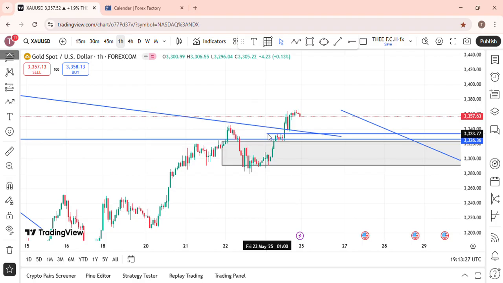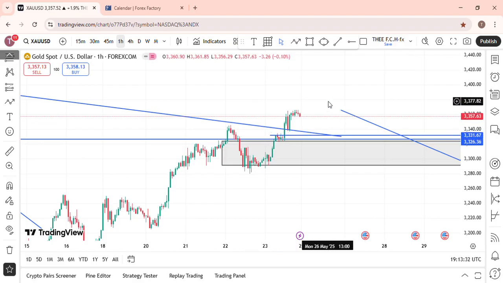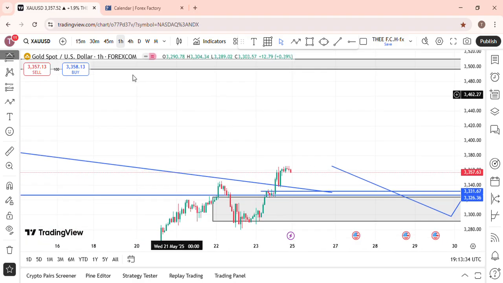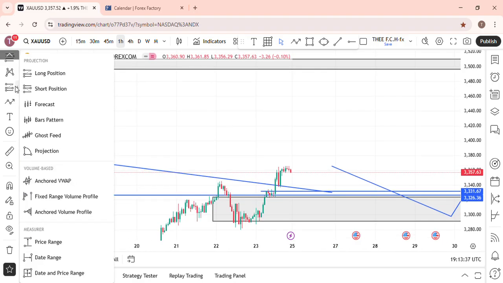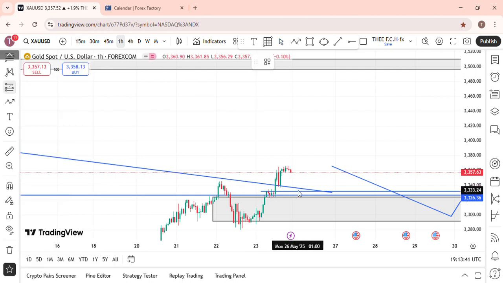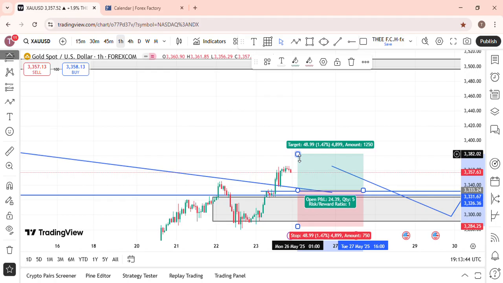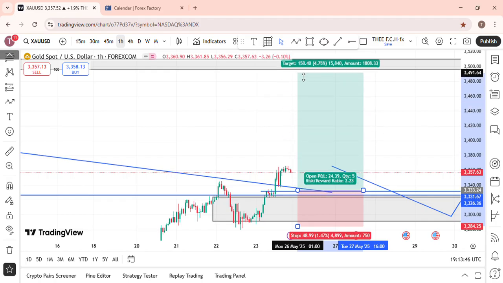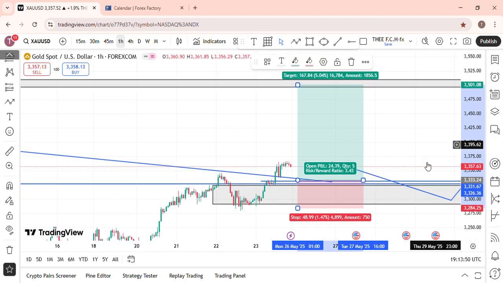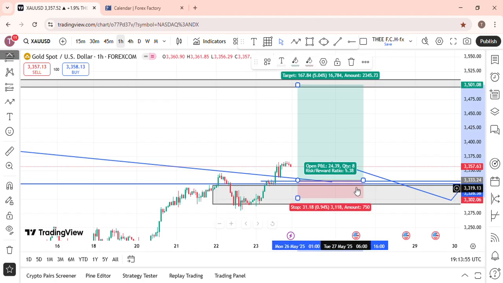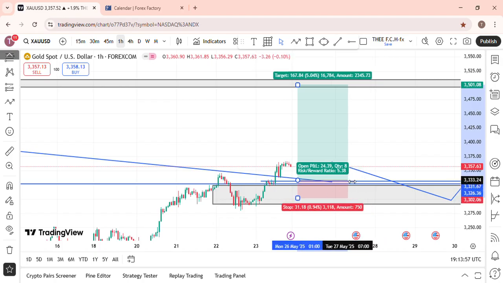Get our good entries, and also coming down to 1 hour, I can get a good entry for that. So let's just take our trades once the market comes to our points of interest. That is going to play out well. You will be smiling, my guys.